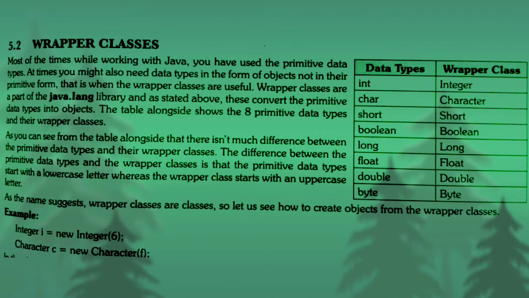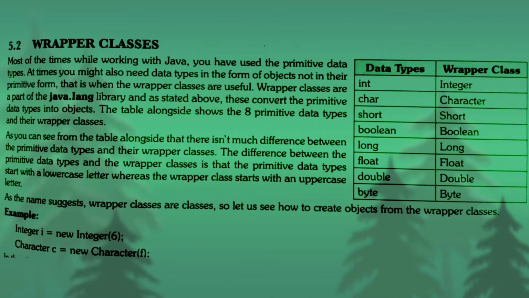For example, int has a wrapper class and the name of the wrapper class is Integer. Char has a wrapper class named Character. Short has Short wrapper type. Boolean has Boolean wrapper class. Long has Long wrapper class. Float has Float, double has Double and byte has Byte wrapper class.